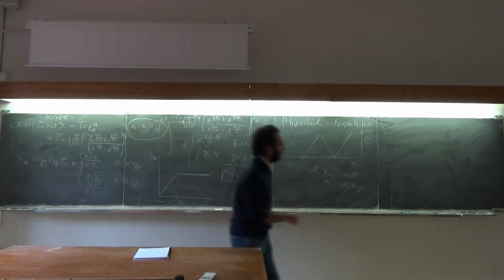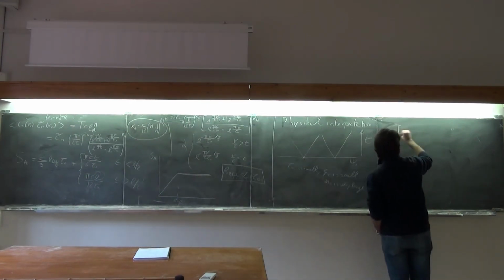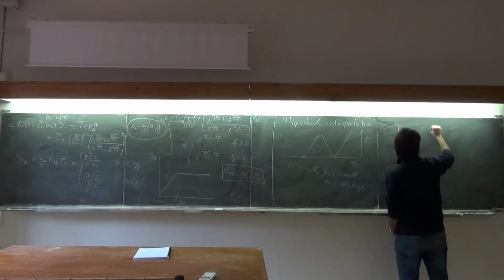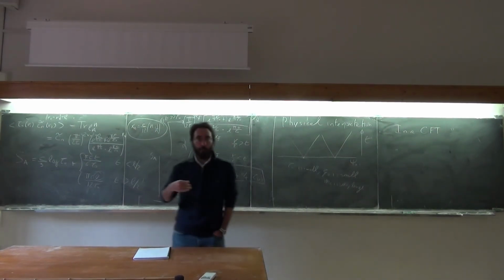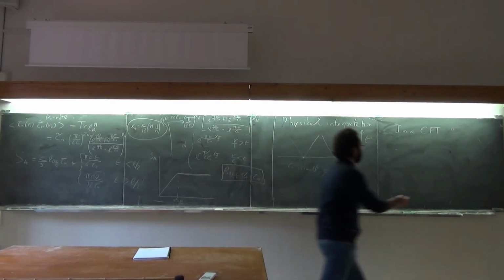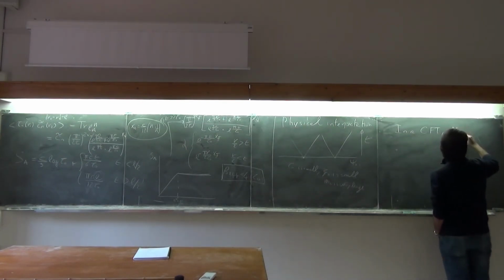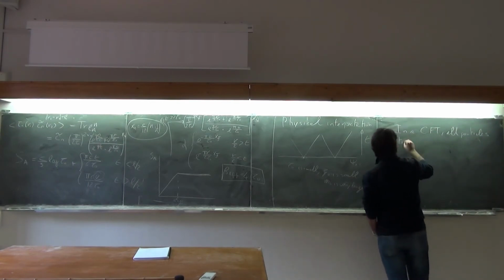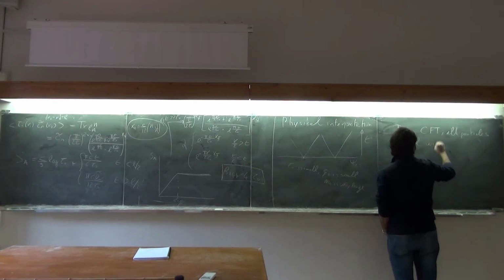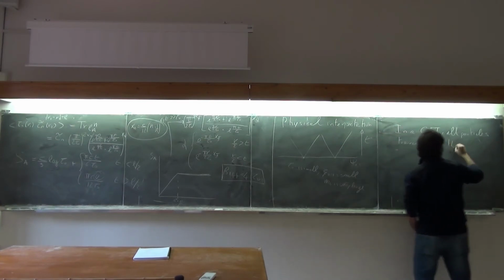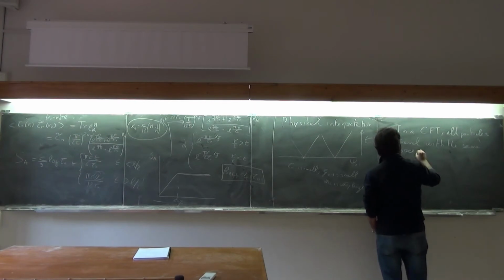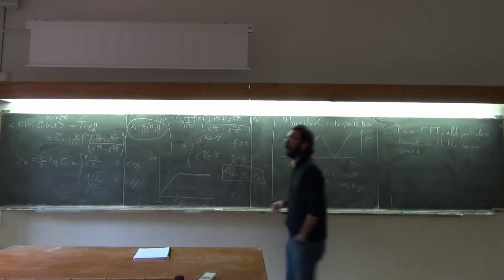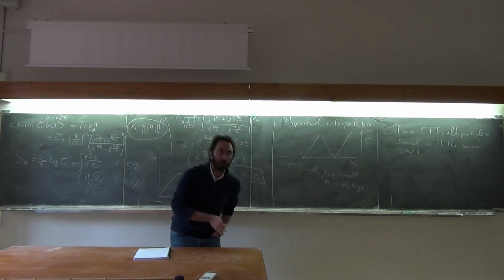Then, in a conformal field theory, in a CFT, all the particles travel with the speed of light, so all the particles travel with the same speed, which we set equal to 1 in our calculation.